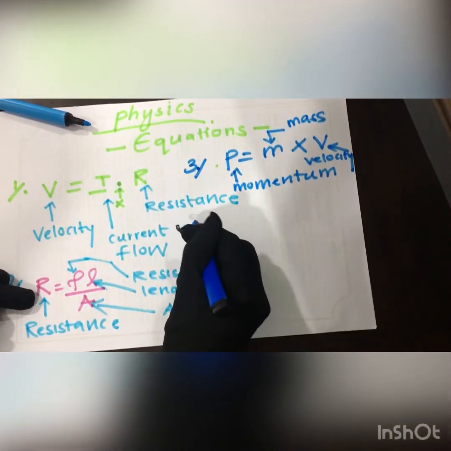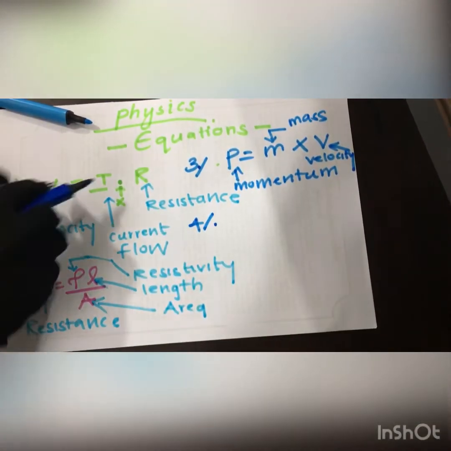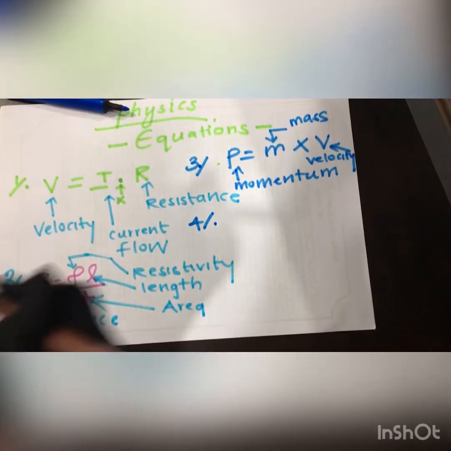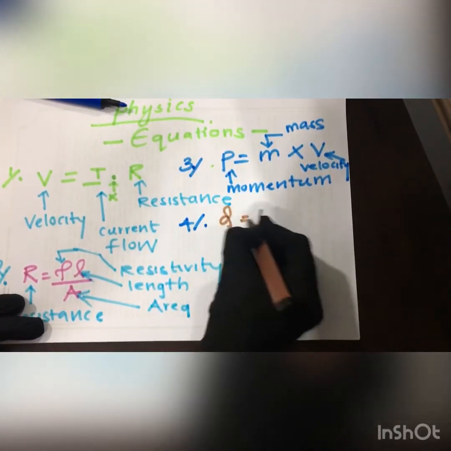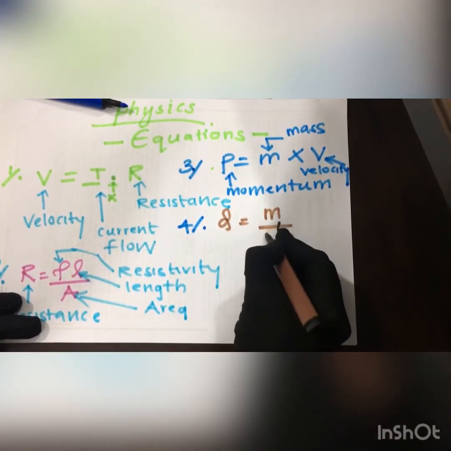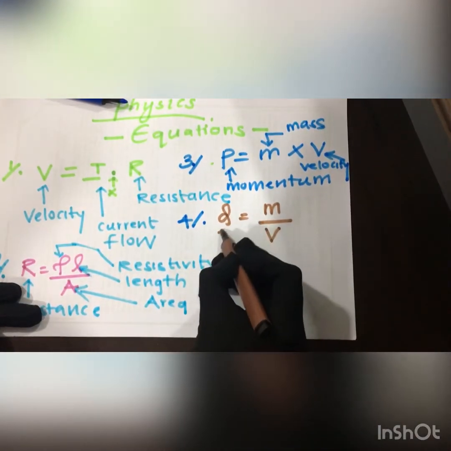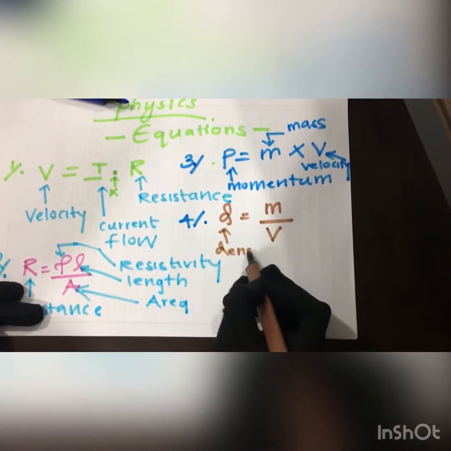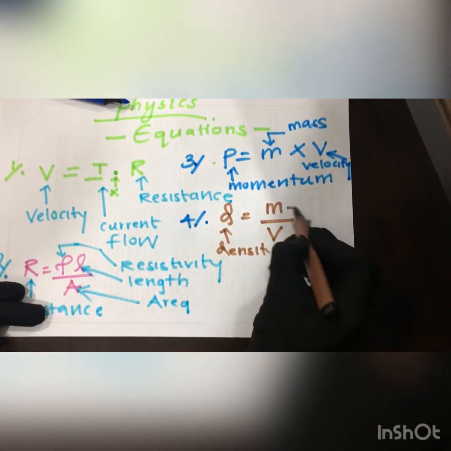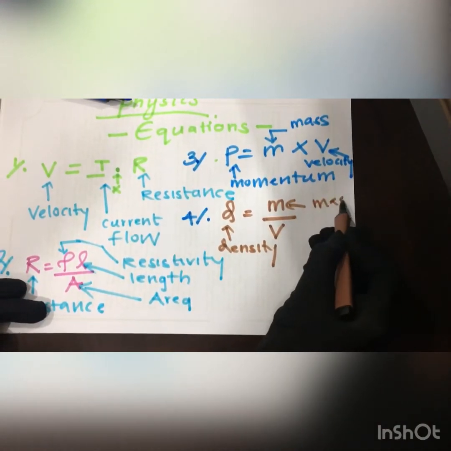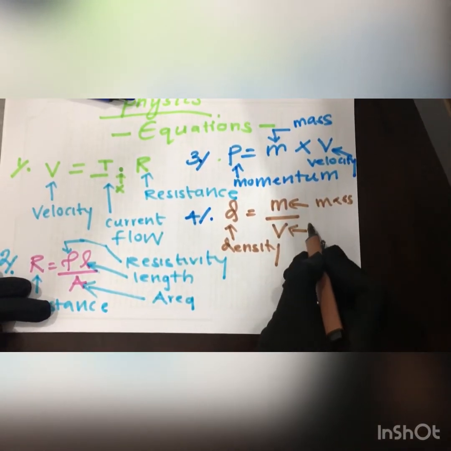And the fourth equation is D equals M over V. That is, D is the density, M is the mass, V is the volume.